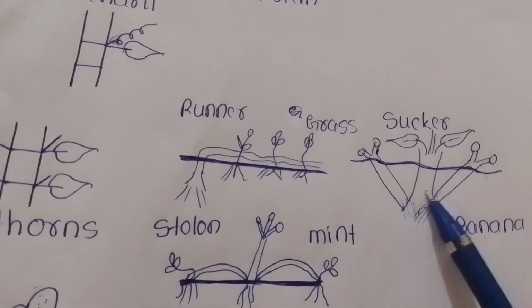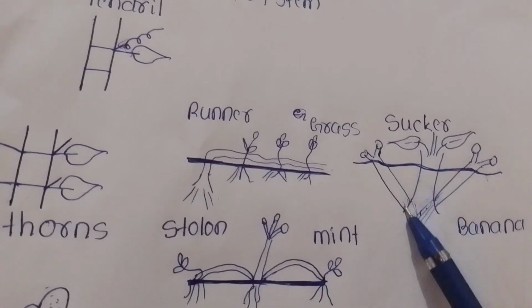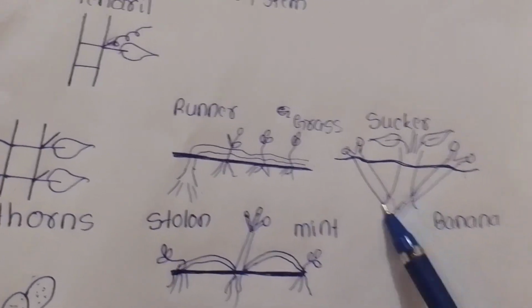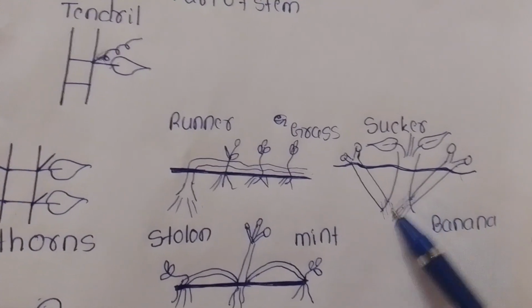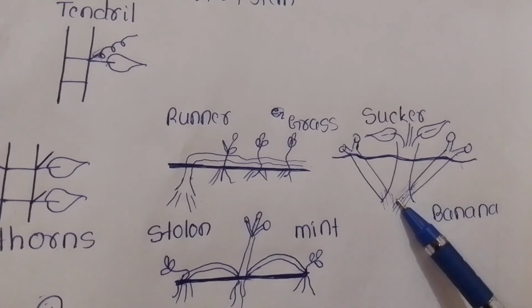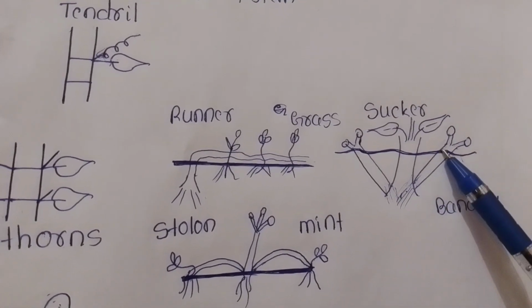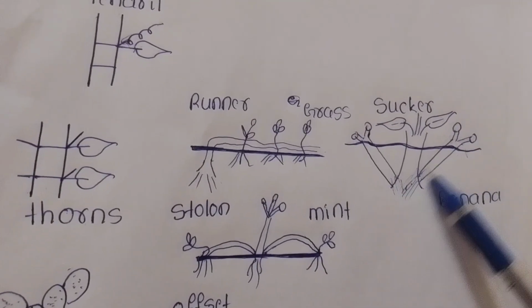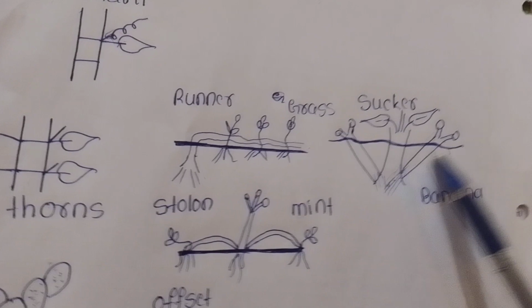This is the main stem. These are the lateral stems, which grow obliquely upwards, giving rise to leafy shoots. These are all about the stem and its modifications.